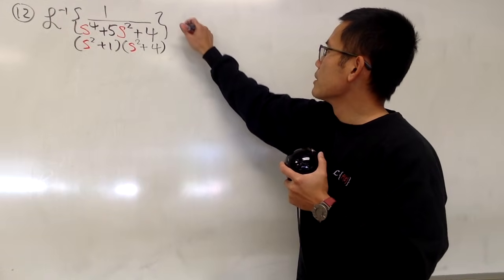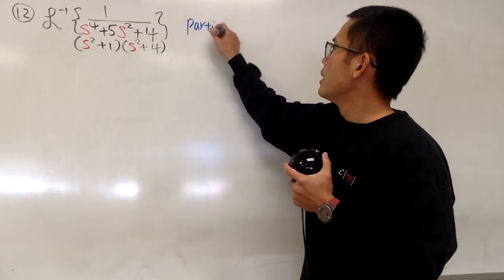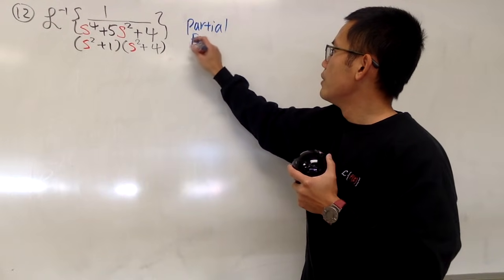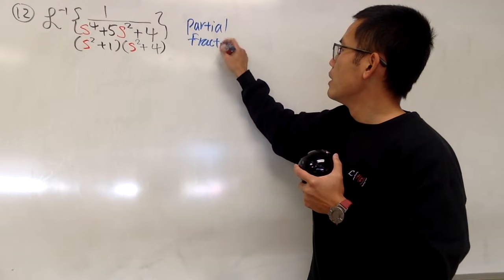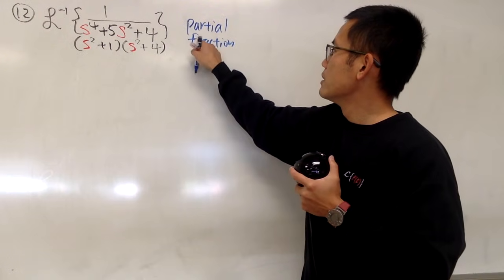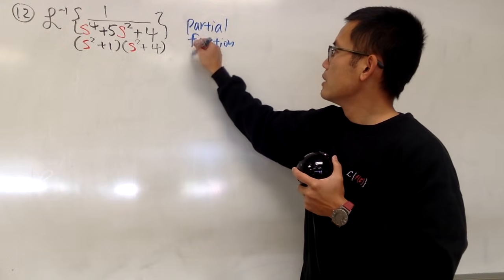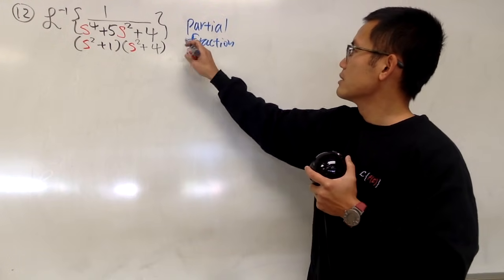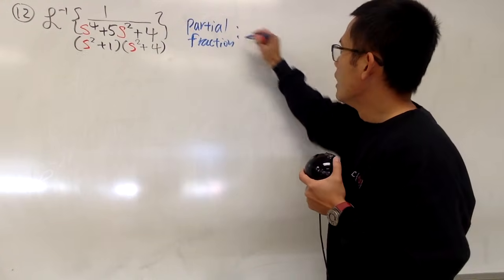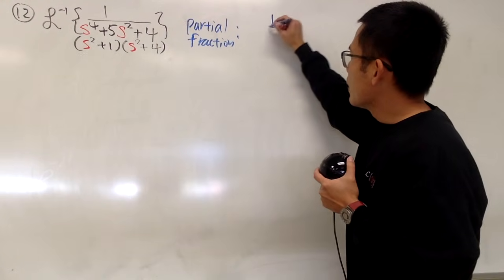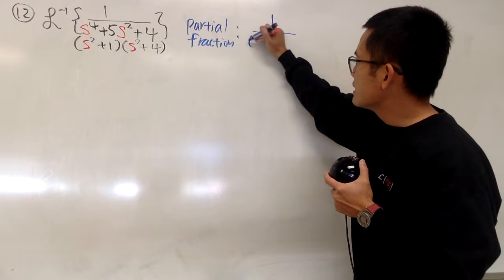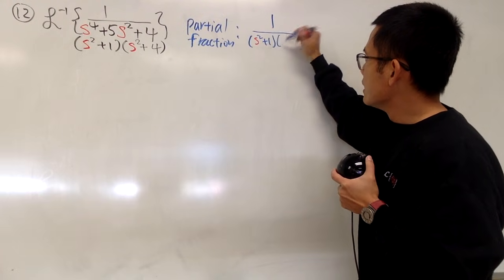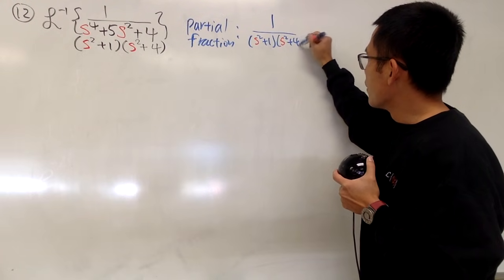Right, this right here is the partial fraction. My F doesn't look nice. Like this. Yeah, slightly better. Anyway, here we go. This is 1 over s squared plus 1, s squared plus 4.